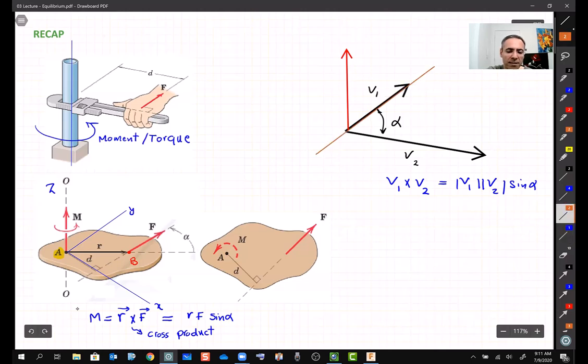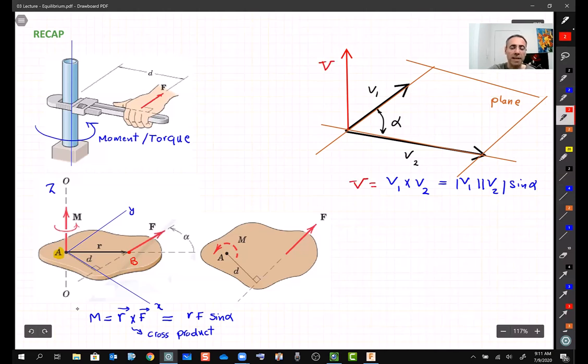Let's say if I have these two in this plane, right? This is a plane. Then the cross product, let's call it V, is this vector, all right? The same concept here. I have here M as a vector, right?